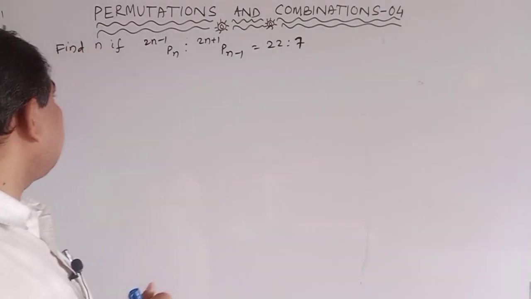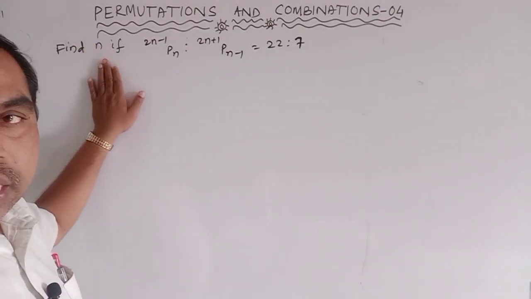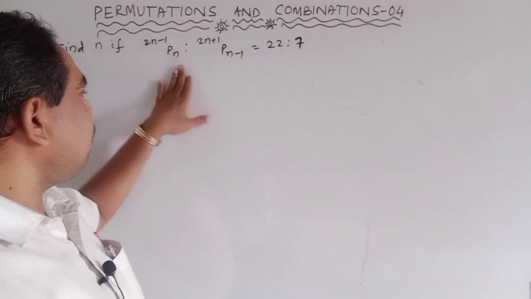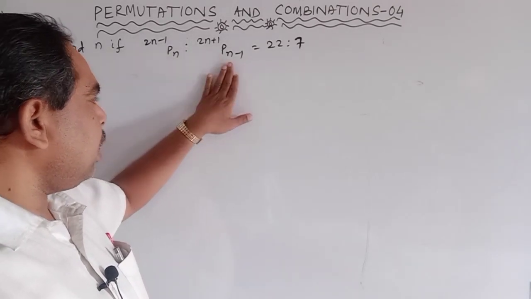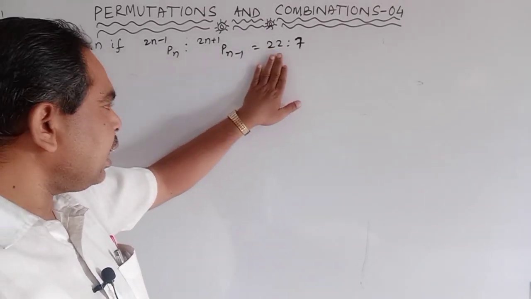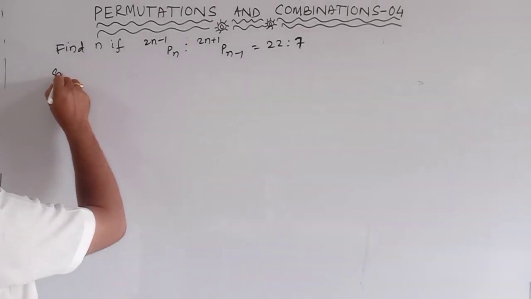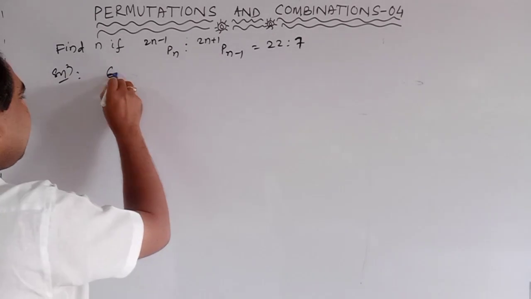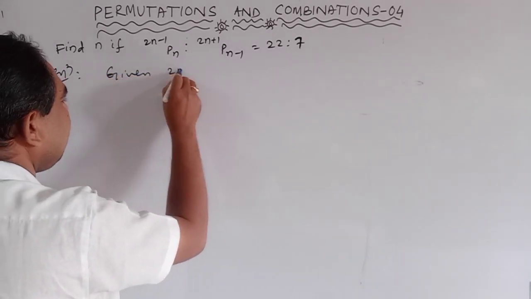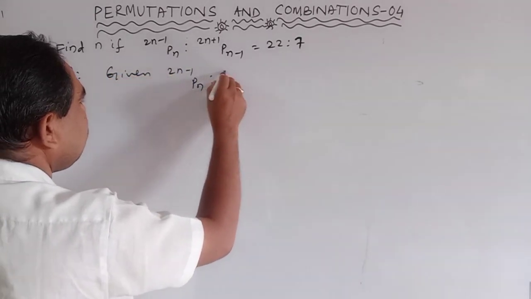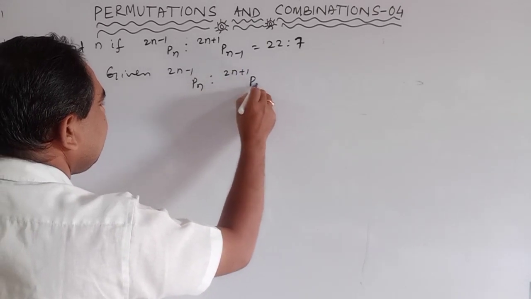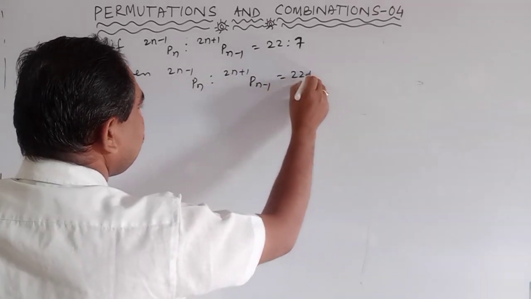Next question: find n if 2n-1 Pn is to 2n+1 P(n-1) as 22 is to 7. Solution: given 2n-1 Pn is to 2n+1 P(n-1) equal to 22 is to 7.